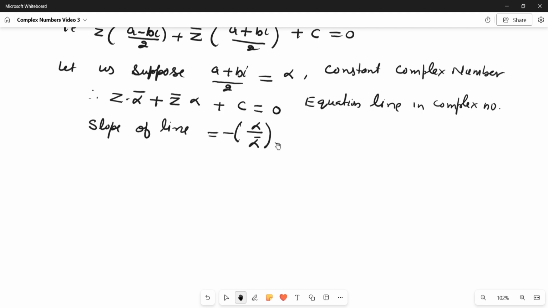Let this be mu. So this is the slope of a line, and this is the equation of the line in complex numbers.